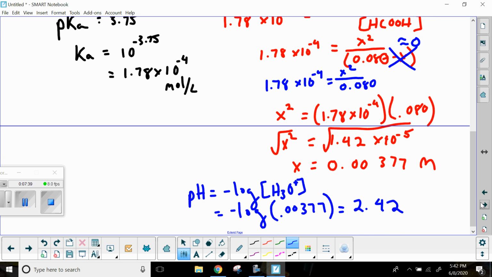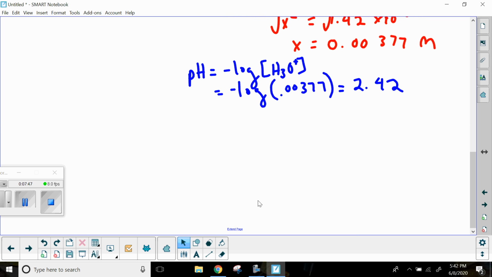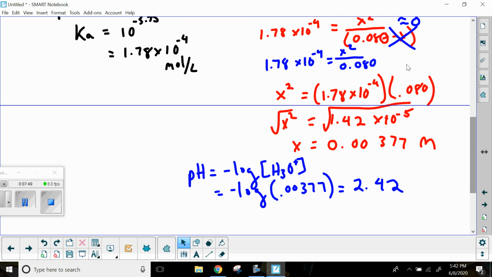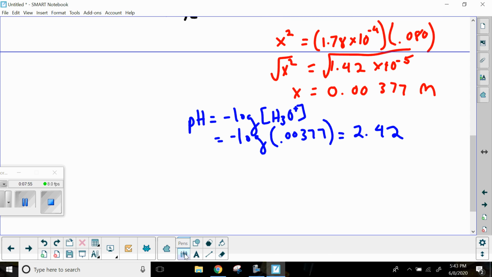Now I'm going to give you a spoiler alert. If you were to do this the long way, and if you have the time and energy and want to do that, and find that the X value in the denominator here is crucial, you would find that the pH is going to be 2.92. And you can argue, well, that's a big drastic difference in pH.